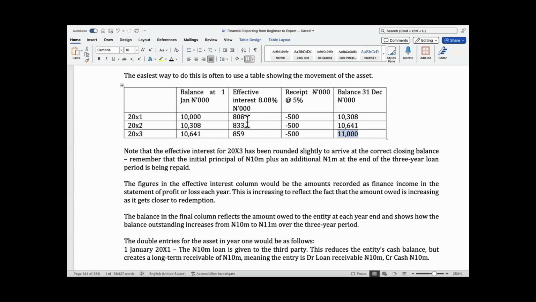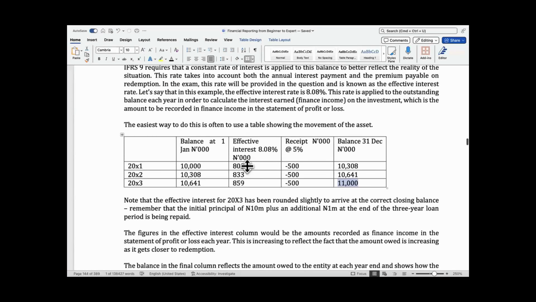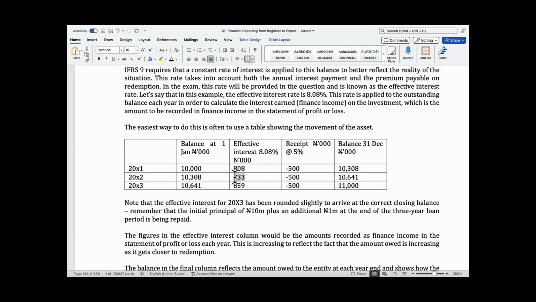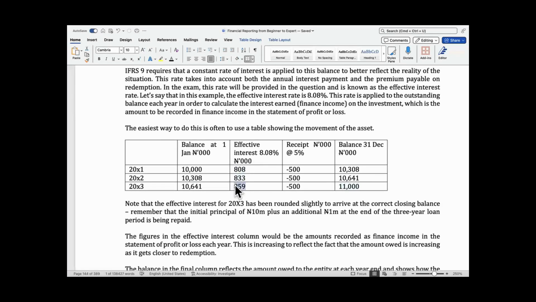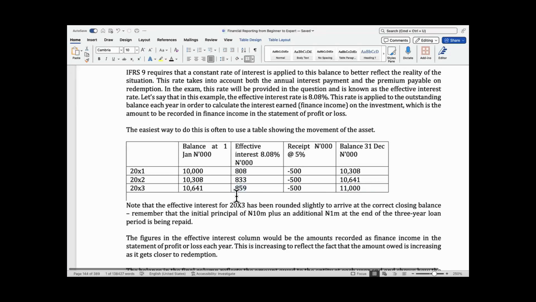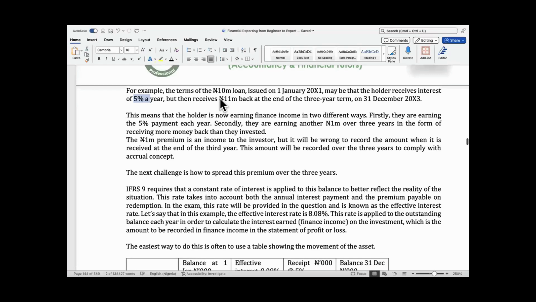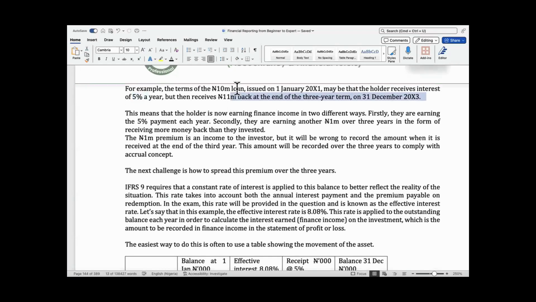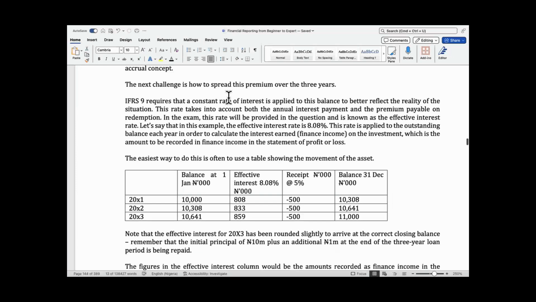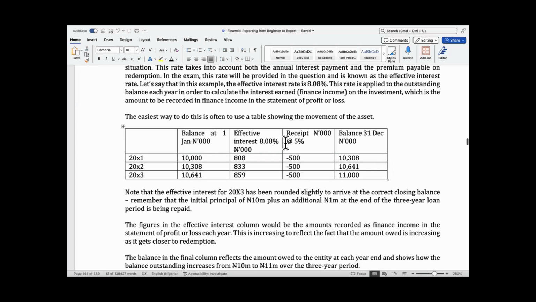And also you will see that this amount we are recognizing to income every year, you can confirm that it is correct, because ordinarily, since we are getting 5% per annum every year for 3 years, which is 1.5, and we are getting an extra 1 million at maturity, that means our total income is 2.5, which we have spread over the 3 years using this effective interest rate.